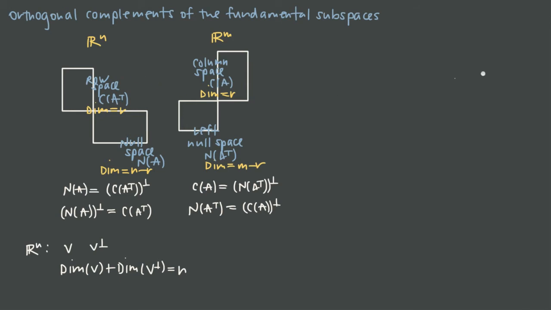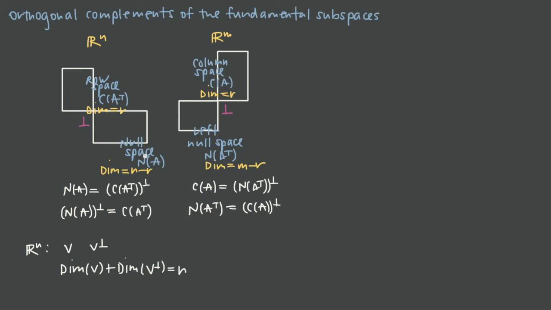So in general, this is just a super helpful diagram for remembering the spaces, the dimensions, and which spaces are orthogonal complements of each other. We also want to say, as the last thing about this diagram, that when we think about these spaces geometrically, every vector contained in the row space has to be orthogonal to every vector contained in the null space.